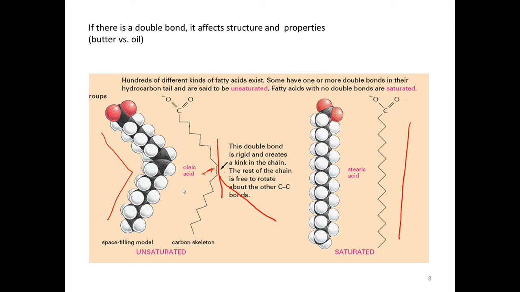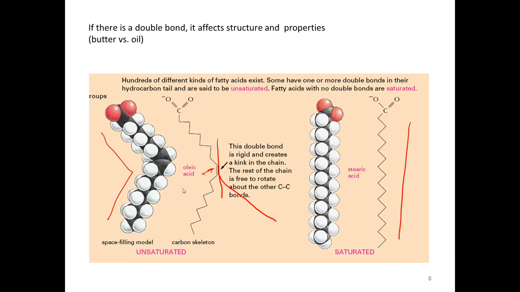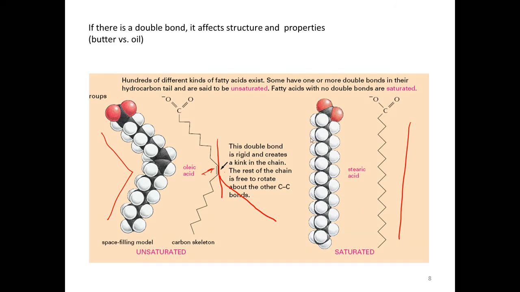And so fats that contain unsaturated fats will be less densely packed, and they'll be more liquidy. Like, for instance, if we thought about oils versus butter. Butter is a saturated fat. It's a solid at room temperature because you can pack so many fats together.